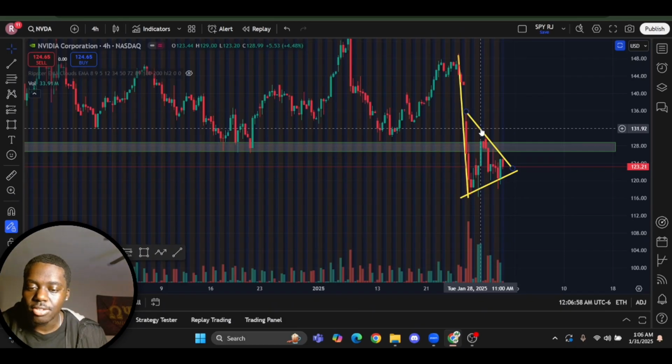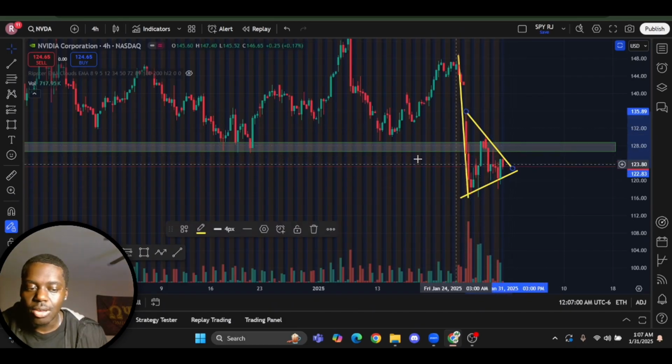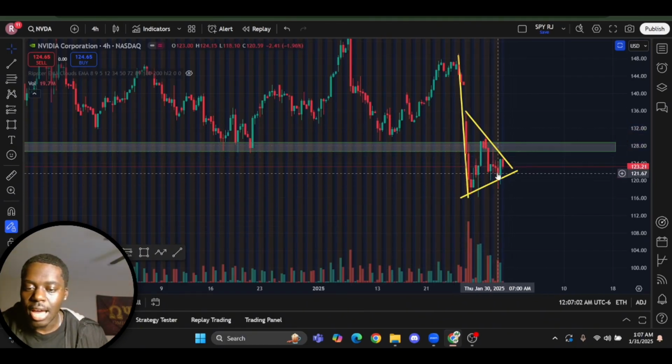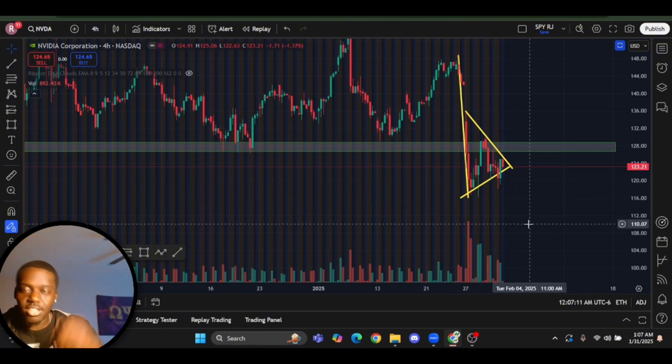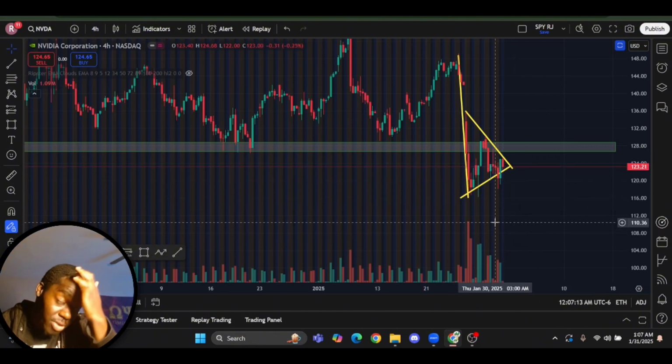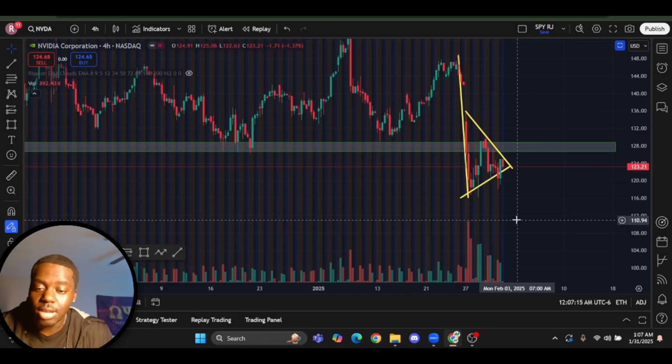Okay? So, seeing this, I know that if this thing can break down, we can get a very nice move to the downside, possibly, right? Remember, as a day trader, when you're looking at these larger time frames, all you're trying to get is a piece of the move. You don't have to get the whole move, okay?